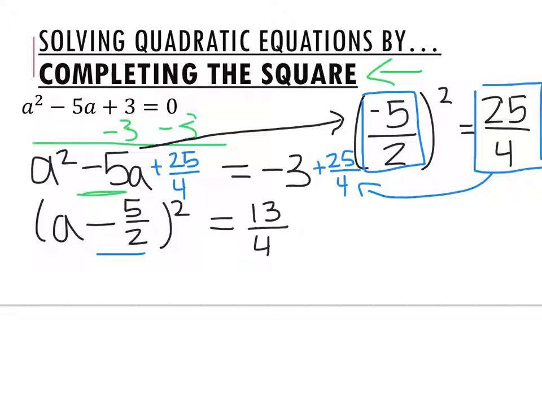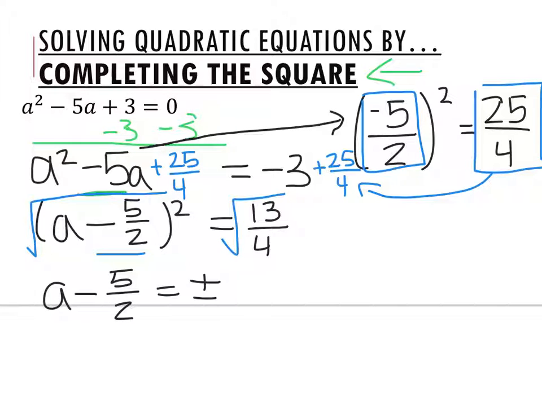I think if I do another example, it'll make more sense, but I want to go ahead and solve this guy. We're going to square root both sides, and you end up with a minus 5 over 2 is equal to plus or minus the square root of 13 on top, and we know that the square root of 4 is 2. I'm going to go ahead and add 5 halves to both sides.